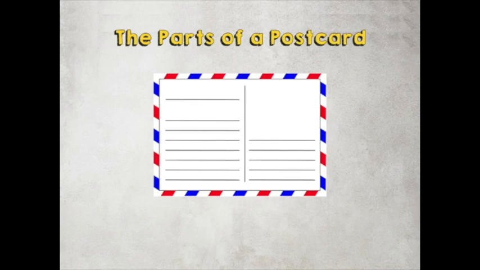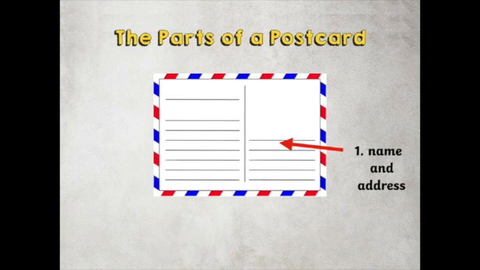So let's take a look at the parts of a postcard. These are very important parts when you are writing a postcard. On this side, right here, you need to write the name of the person or place you are writing to and an address.